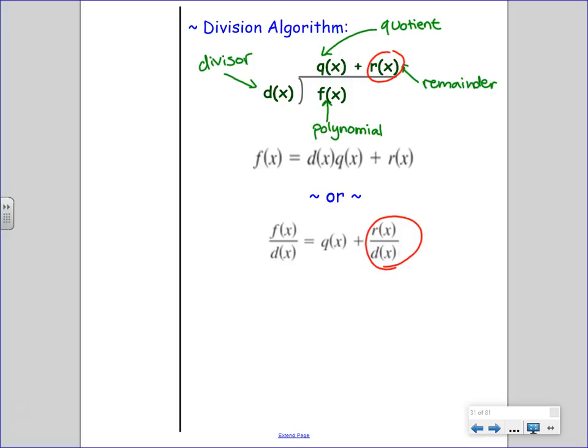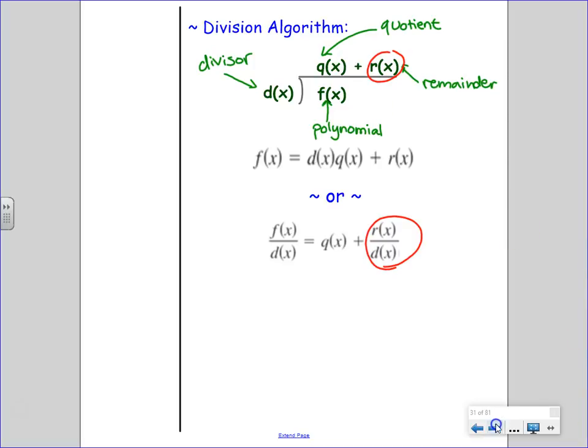Just basically little formulas to show you how to set up the problem when you're given a division and how to write the remainder. And a quick reminder about the remainder. If there is a remainder, the divisor did not evenly go into the polynomial, which means we would also say the divisor is not a perfect factor of the polynomial.